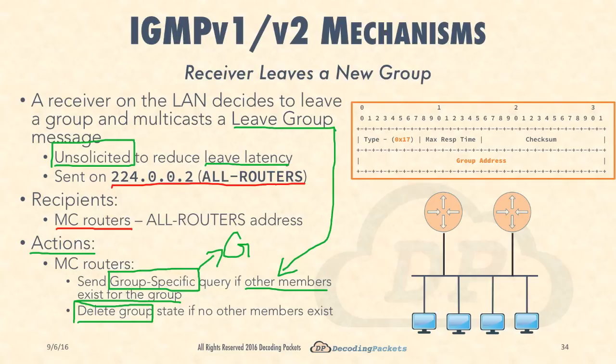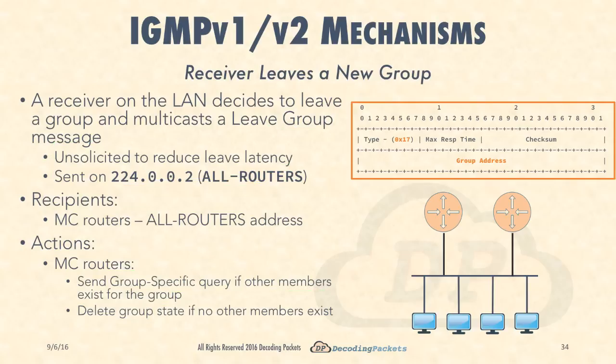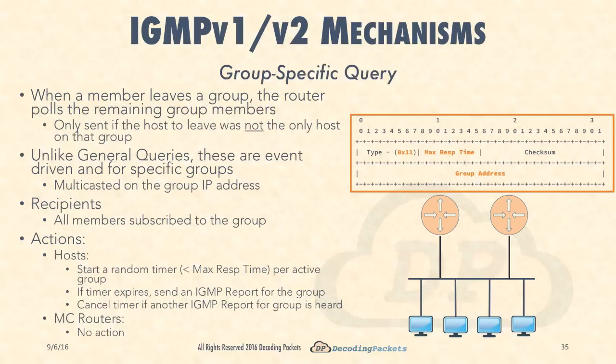And this would be deleted from the multicast router. So those routers are essentially being told, hey, there is a person who wants to leave. Are you guys still interested, or do you want me to just get rid of this group? So like we talked before, the group-specific query is that event-driven query that is coming from that leave message.